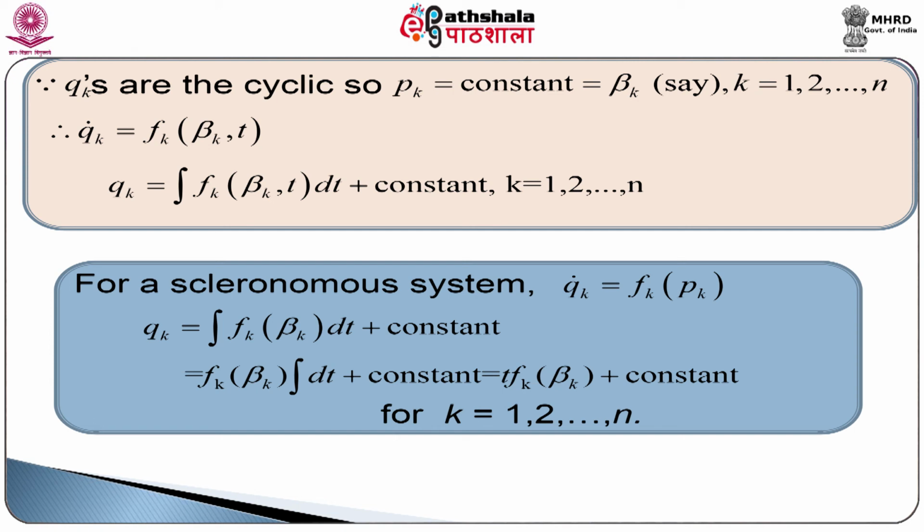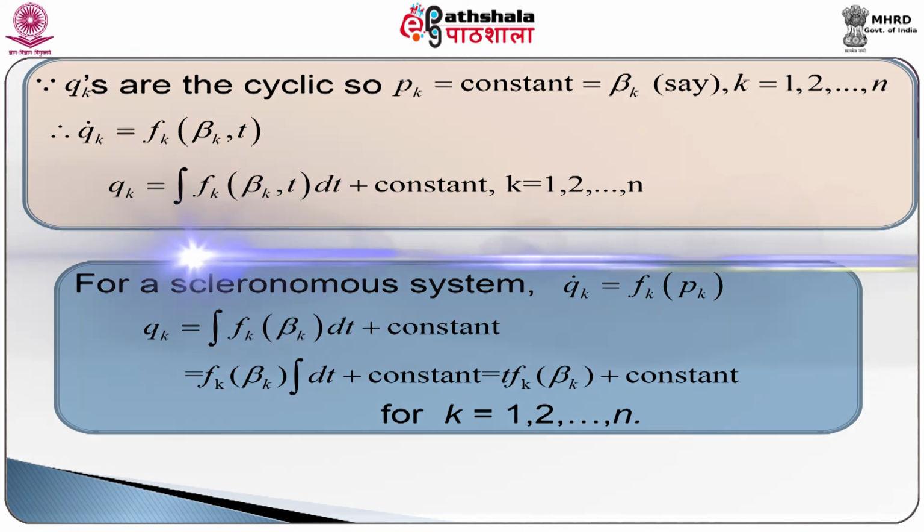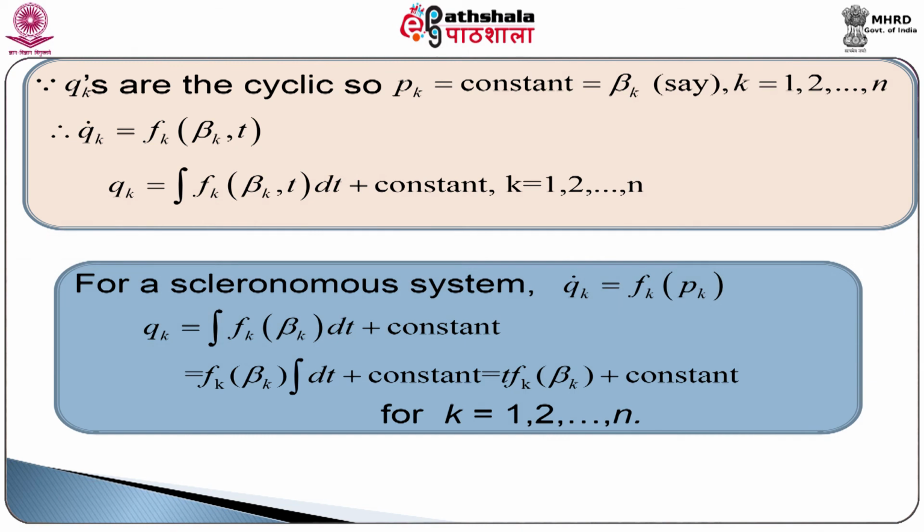If we write the constant as beta k for k equal to 1, 2 up to n, then we have generalized momenta pk equal to beta k. Therefore, qk dot equal to fk function of beta k comma t. Here we have used the result pk equal to beta k.